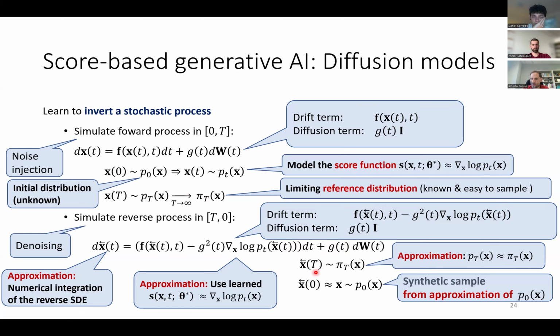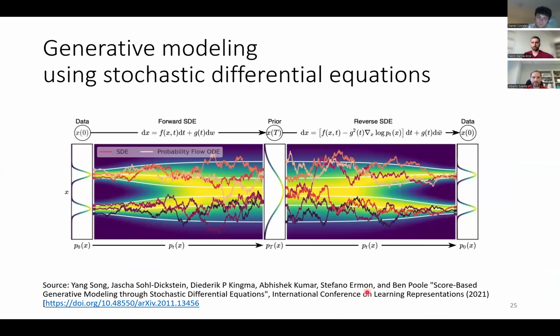So that's easy to sample. I integrate backwards in time from T to 0 this stochastic differential equation. And that's why I put a backwards arrow. The result of that backwards integration is approximately some random variable that is sampled from P0, the original distribution of the data. So that would be a synthetic sample, okay?